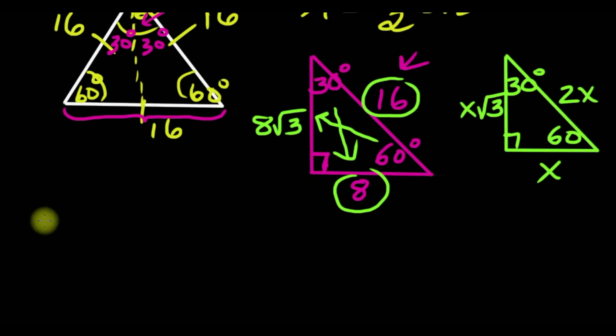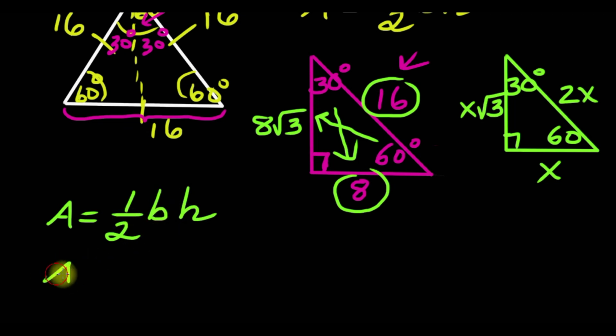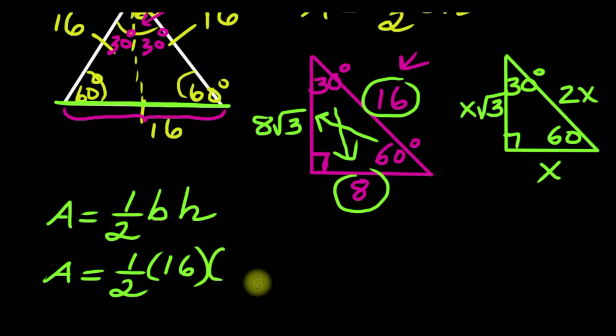So now we can plug it into the formula for area of a triangle. We can plug in the base and the height to come up with the area. So 1/2 base times height: 1/2, your base is going to be 16, and the height is going to be 8 square root of 3.